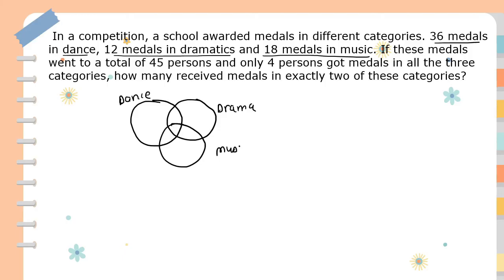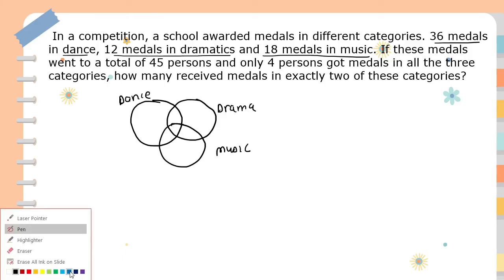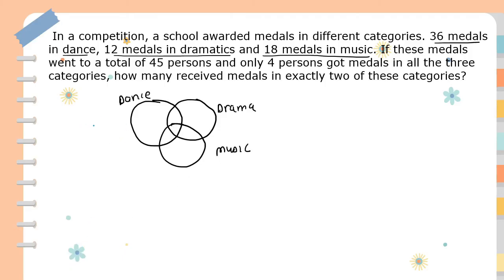Let me use a different color here. So 36 medals for dance, 12 for drama, and 18 for music. If the medals went to a total of 45, that means this will be equal to 45, and only 4 got medals in all 3 categories, so this is equal to 4.